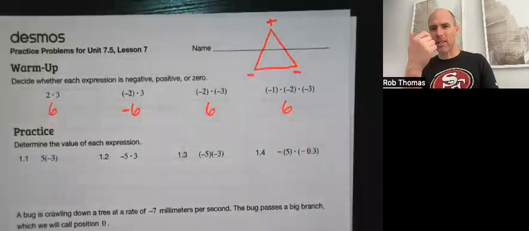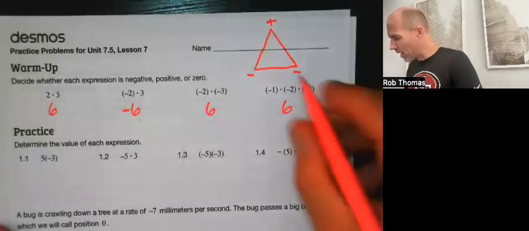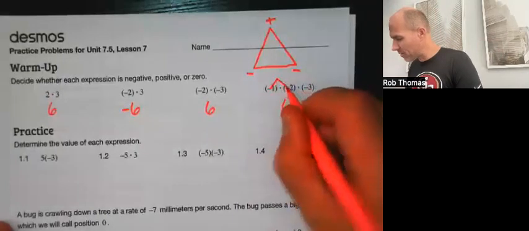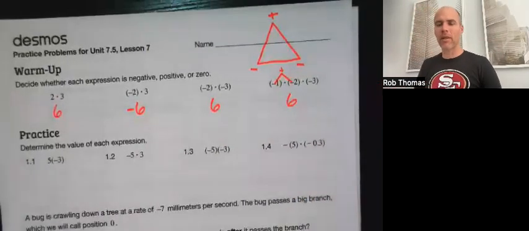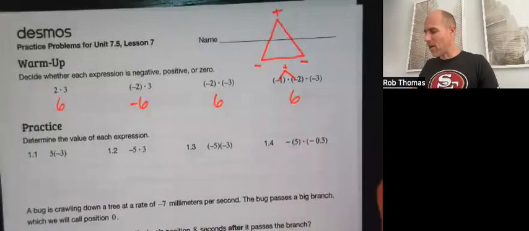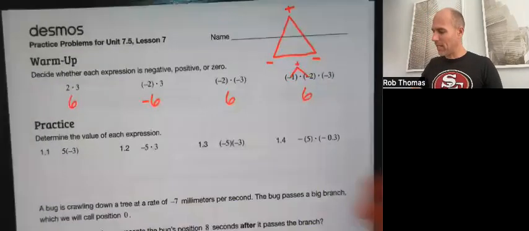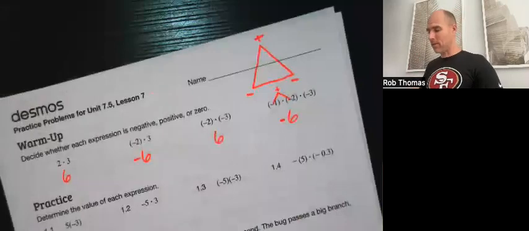But if you have an odd number, like let's say 3, like we have here, these two right here, these two negative symbols could combine to make a positive. But then when you've got this third negative symbol, it sort of throws everything off because now you've got positive times a negative and you wind up with a negative. So here's the rule, and this is a good one to remember, memorize this.